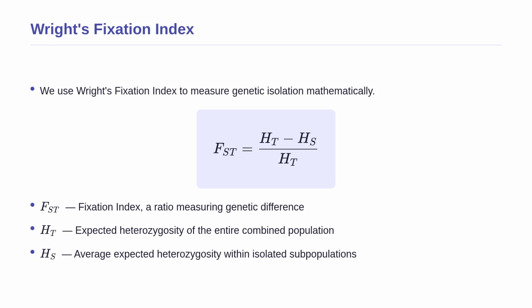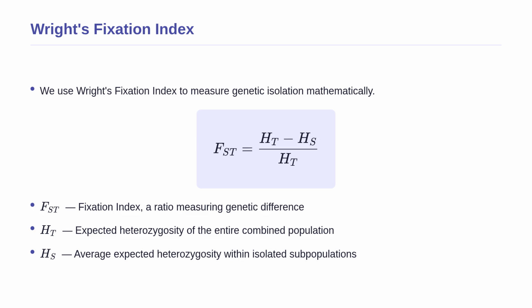This brings us to the mathematical representation of species isolation. We use a powerful tool called Wright's Fixation Index, denoted as FST. Conceptually, this formula compares the genetic diversity of an entire combined population to the genetic diversity found within smaller, isolated subpopulations. Let us look at the symbols. FST is the fixation index itself, which is a ratio measuring the genetic difference between populations.